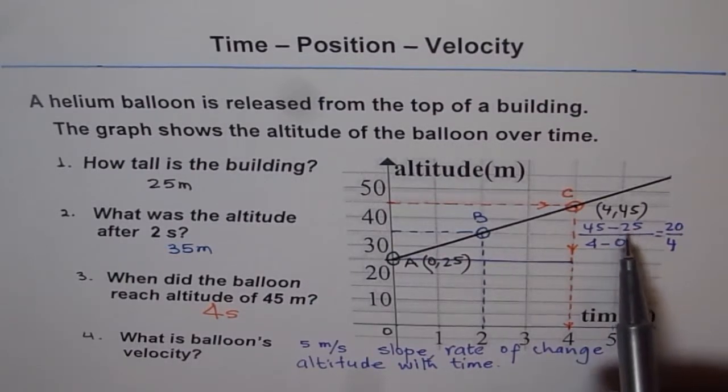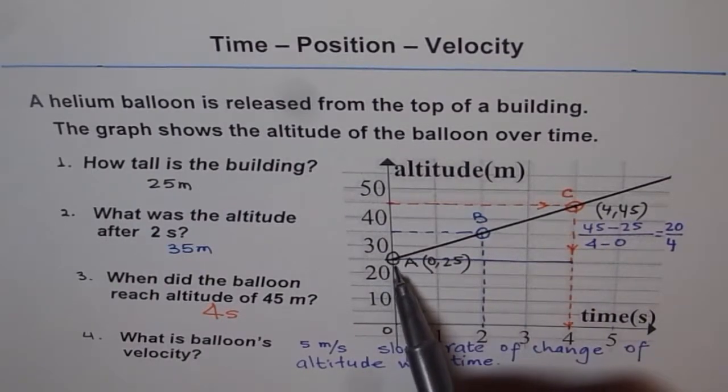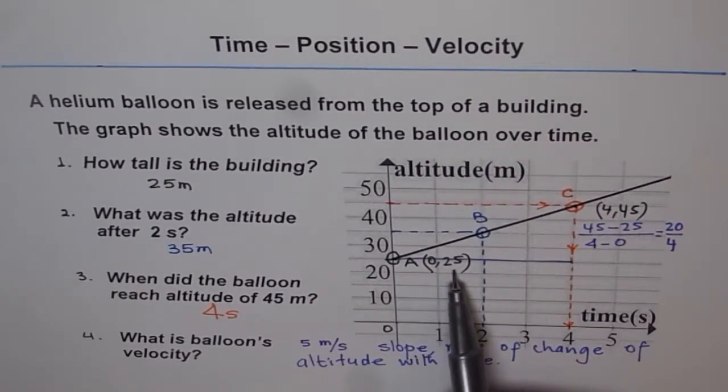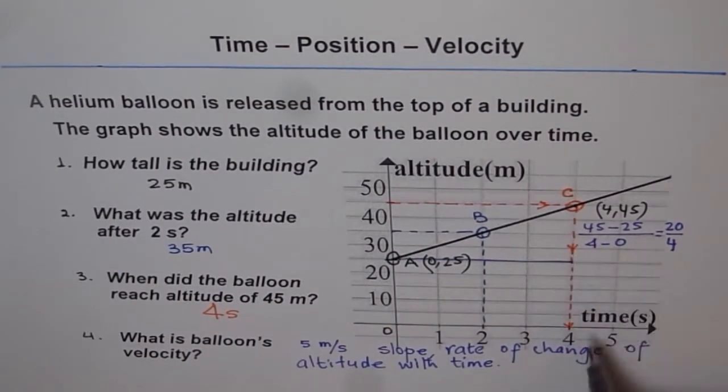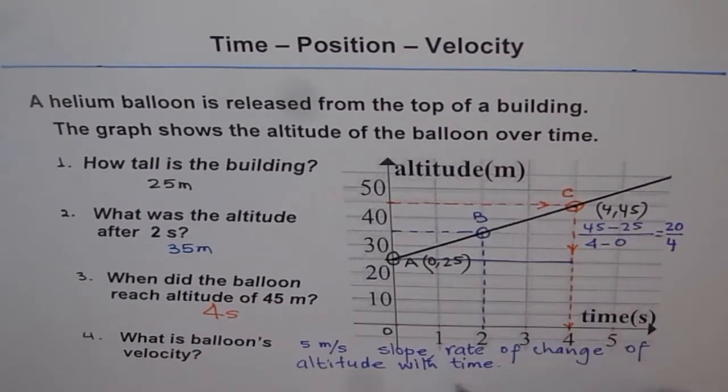Here we just took 2 points, 2 positions. One was A, the other one was C. A was the initial point whose coordinates are 0, 25, and C was a point 4 seconds away, with coordinates 4, 45. Rate of change is the change of altitude divided by the change in time.